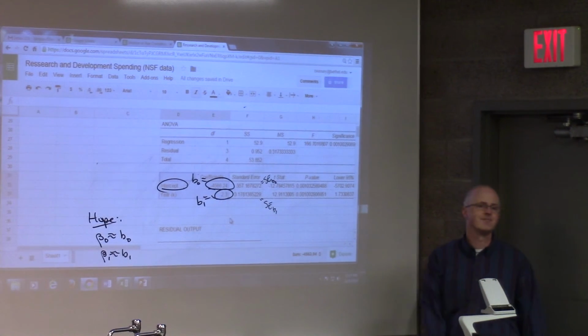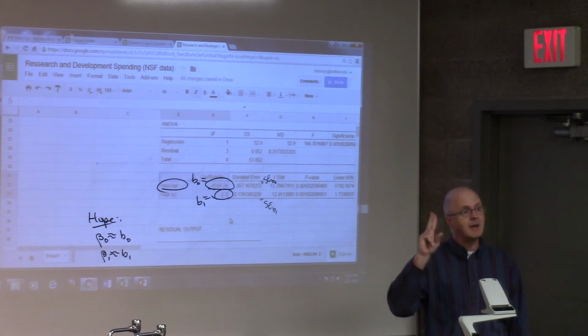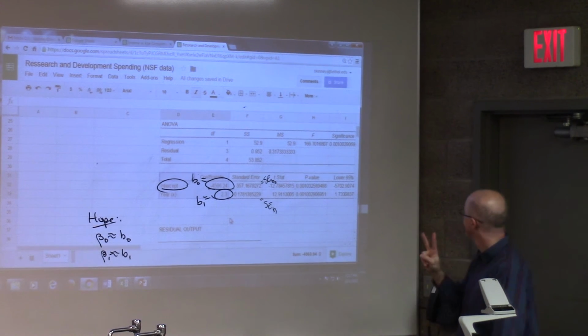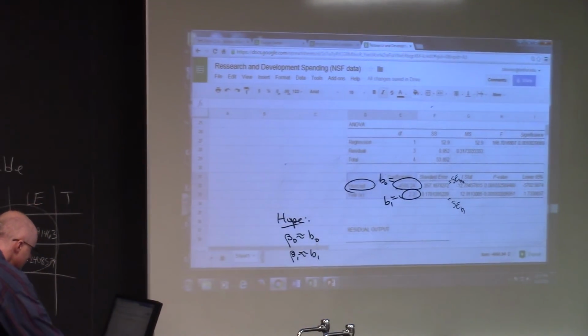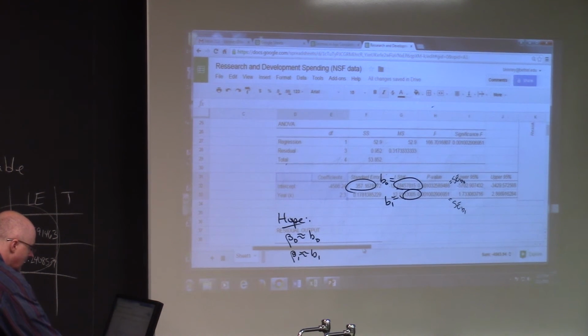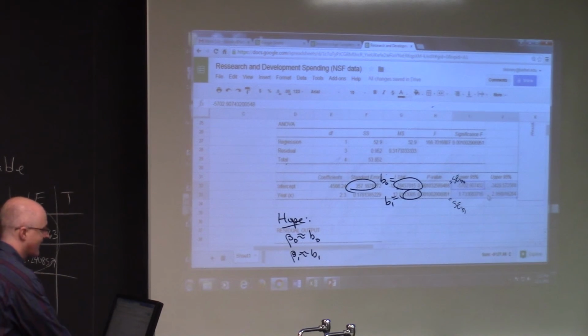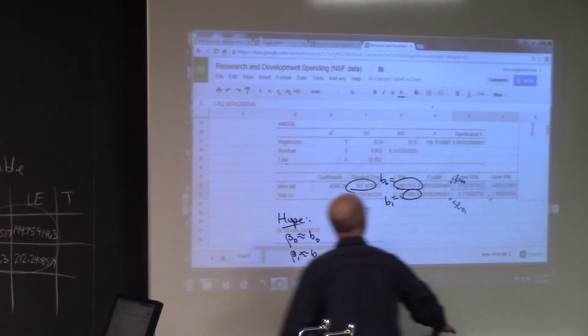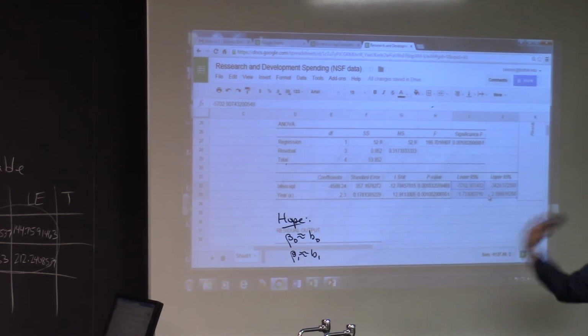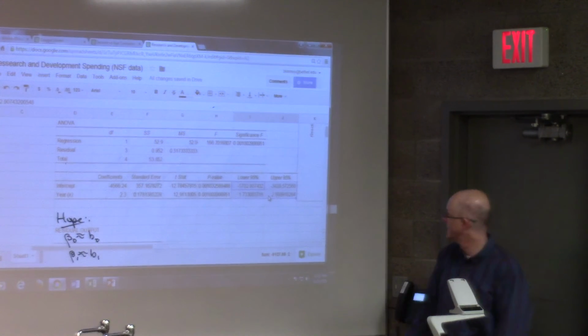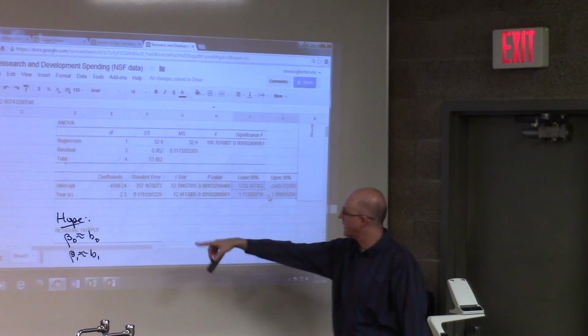There are the values. Okay, what can you do with those? You can do confidence intervals and hypothesis tests. How about the confidence interval first? Look at this. Lower 95%, upper 95%. Sounds like a confidence interval. And these are. Those are left endpoints and right endpoints, lower estimates and upper estimates for two confidence intervals, one for beta 0 and one for beta 1.